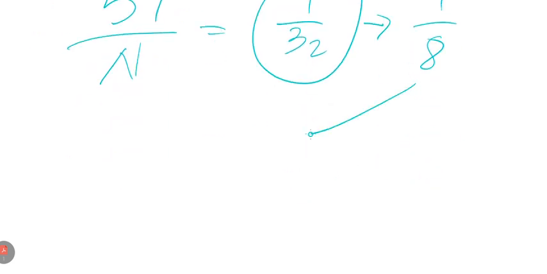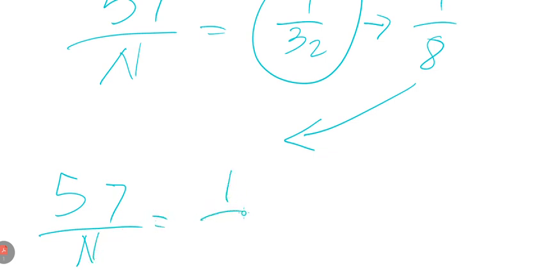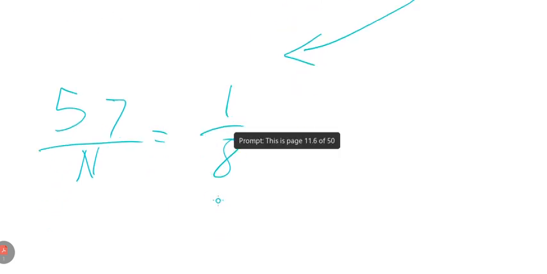In which we're going to use that here. So that's going to be 57 over n equals 1 over 8. And this time we're going to simplify. So we cross multiply.